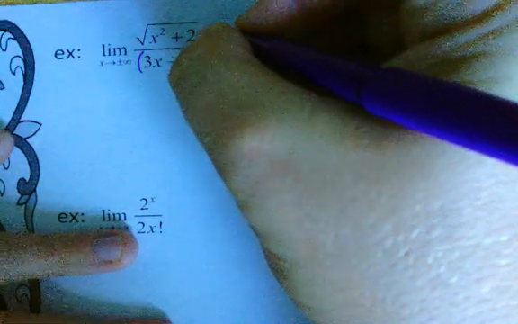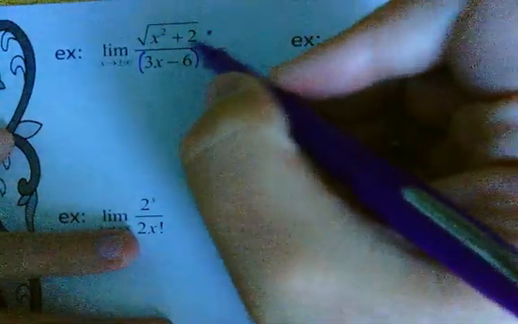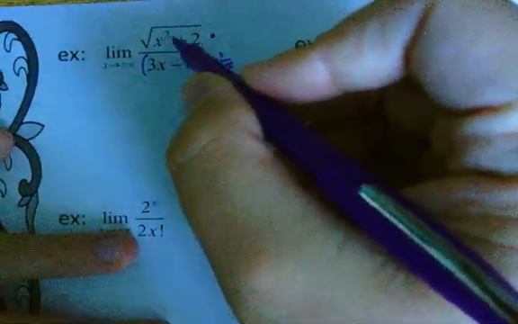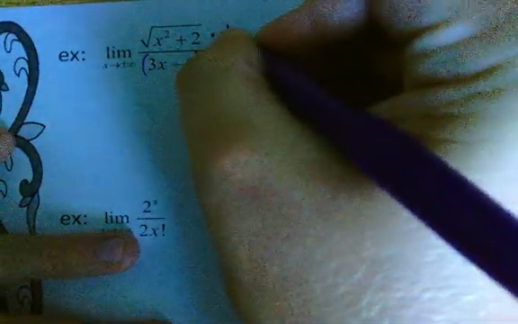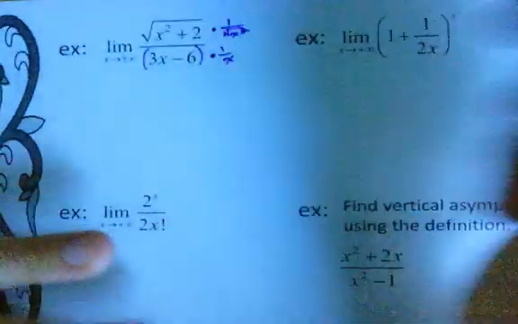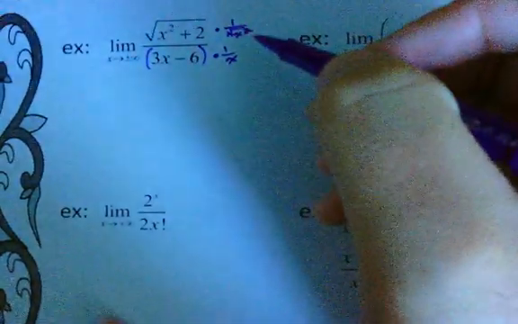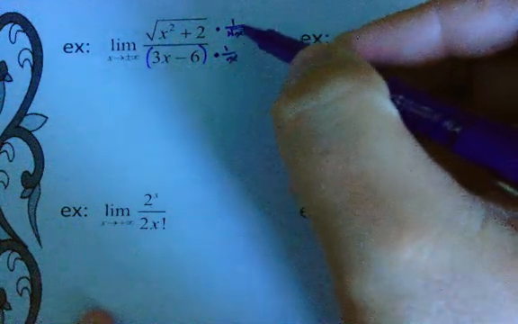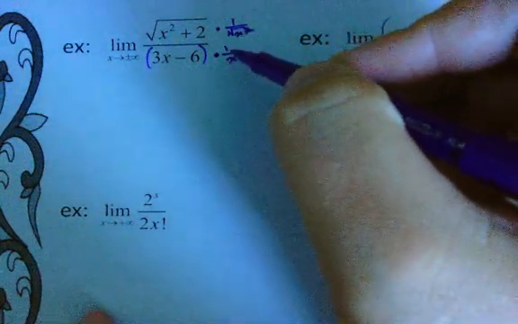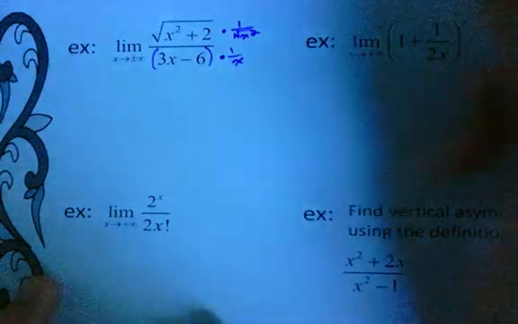I also multiply the top by 1 over x. But if I do that, I'm going to have a problem because it's a square root. So I'll multiply this by 1 over root x squared. This is the same thing as 1 over x.